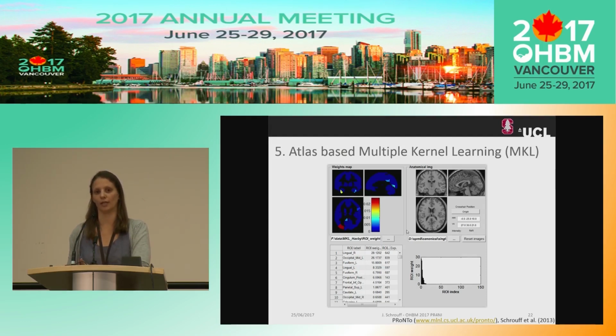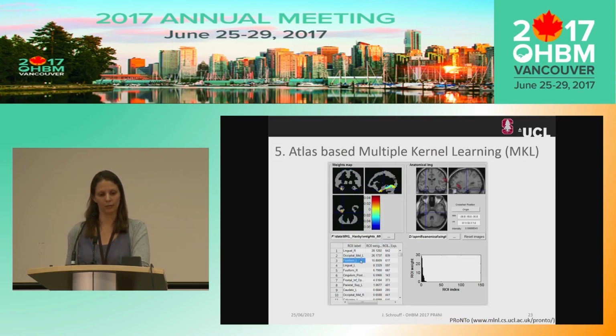So you can also look at these regions. We see that fusiform, for example, is high in the list, which is something that we would expect. Then we can go into the fusiform and still look at the weights within that region, although that's not really helping us.